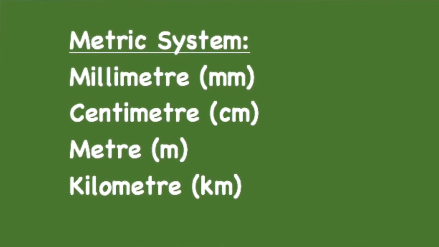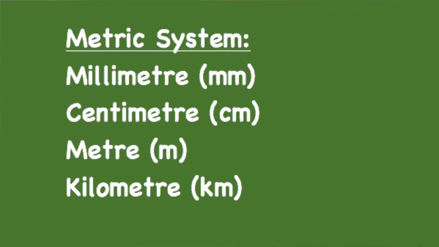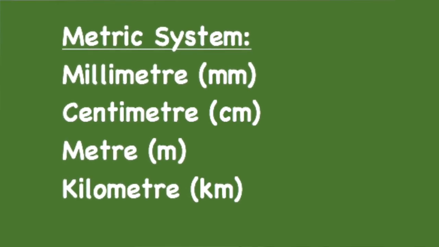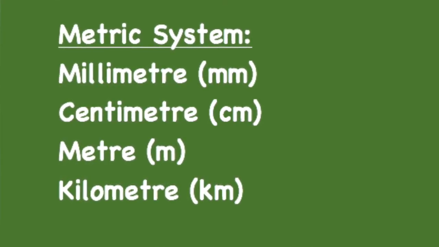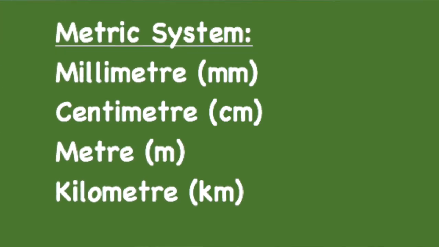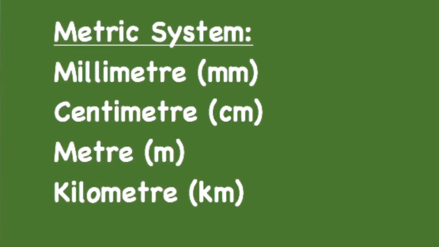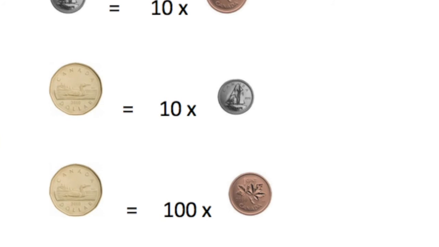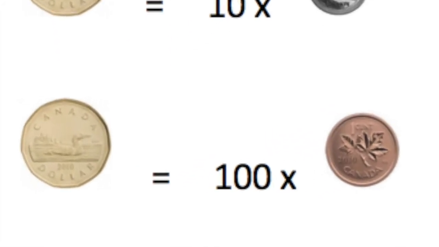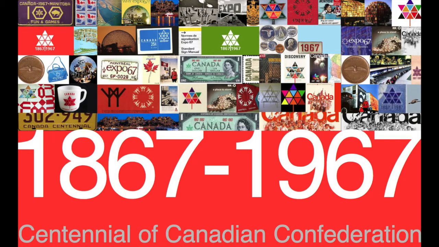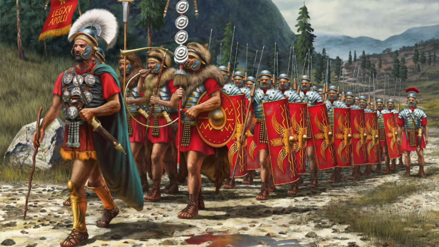We already know that centi refers to 100. So a centimeter is a 100th part of a meter, just as 1 cent is a 100th part of a dollar in value. You probably know what a century is, or a centennial, or even a centurion.